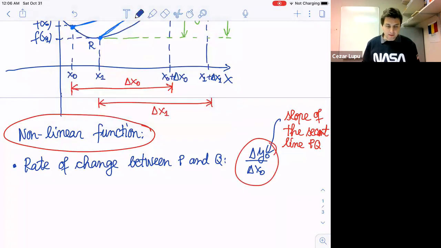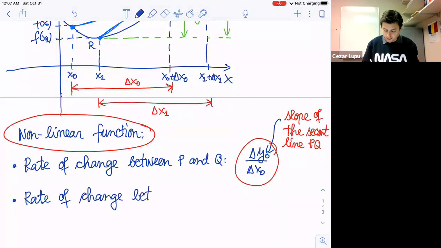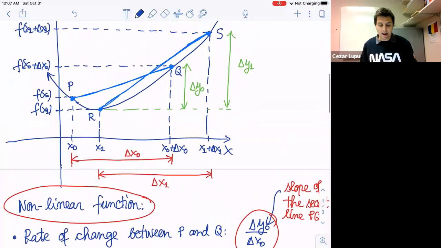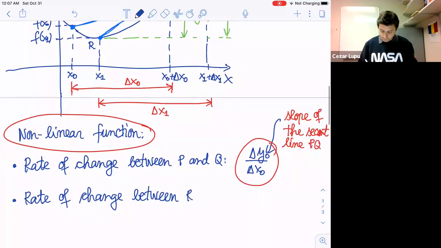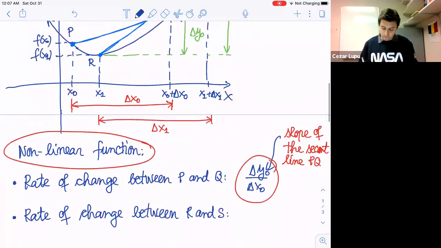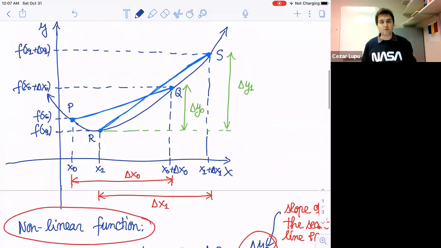And now, the same story if we want to see the rate of change between R and S. Clearly, if we look at the difference in the picture, it is delta y1 over delta x1, right? Between R and S, it's quite clear.